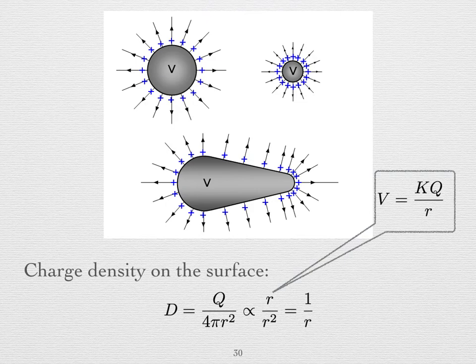So the charge density on the larger ball will be smaller, whereas the small ball, which has a smaller radius, has a higher charge density. So this physics and math summarize what you see in the picture, where there's a higher charge density on the pointing edge and less charge density on the other end.